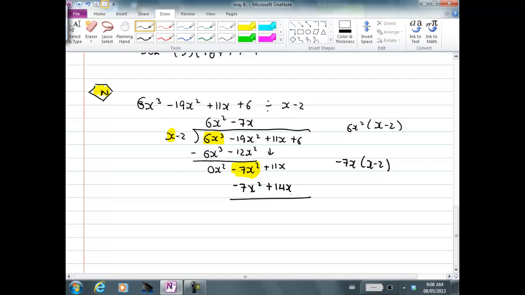Now, I subtract again. It's all about subtracting. If you did it right, the x squares will disappear. So this is going to be 0. This is going to be negative 3x. And once I finish that, David, what am I going to do now? You bring down the 6. Exactly like grade 4 stuff. Guys, I want you to finish the last step for me. Go.